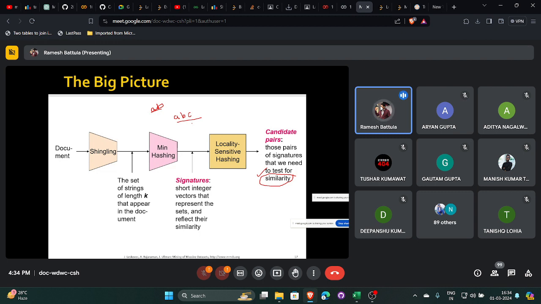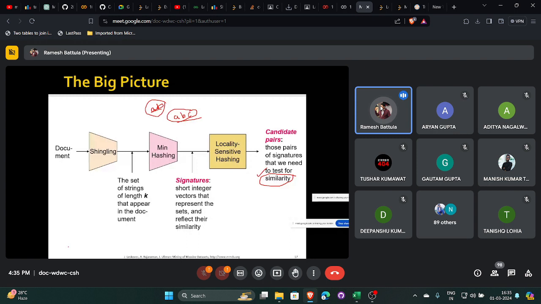Different. Absolutely, these two are different. These two are not the same. But is this string near to this string or not? Yes, sir. That's why documents are of two types: duplicate documents or near duplicate documents.